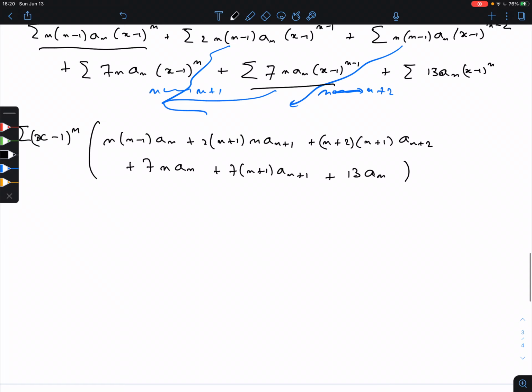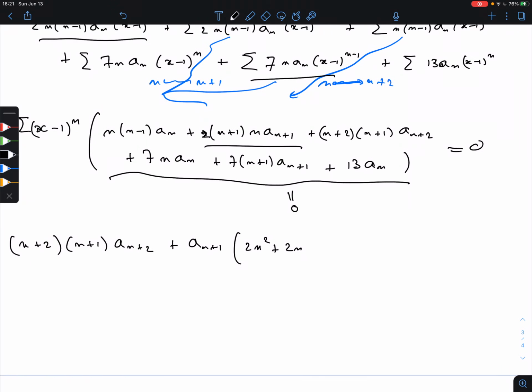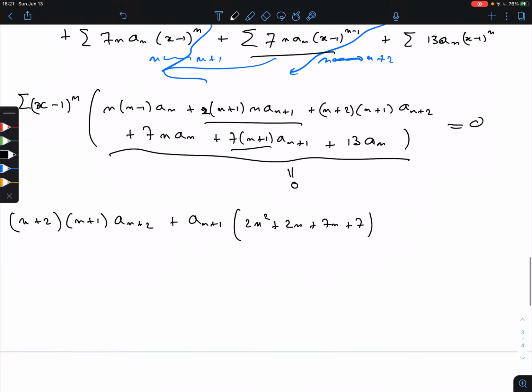Okay, so let's group everything now. We know that each of these coefficients has to be equal to 0. So I'm also going to expand and write them in ascending order. So a n plus 2. What is the coefficient of a n plus 1? Well, we have it here: 2n squared plus 2n, if you expand this whole thing. And we also have it here, plus 7n plus 7.